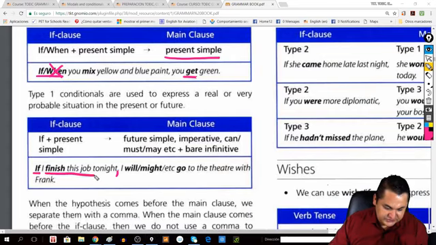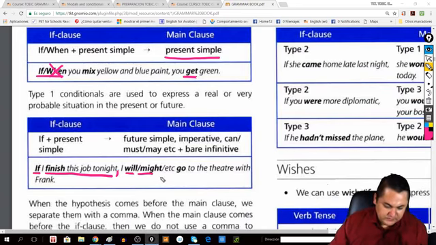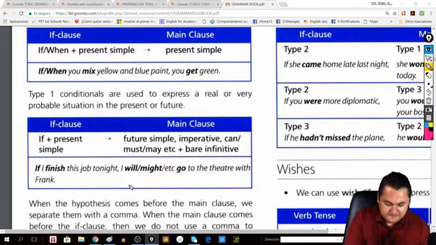If I finish this job tonight, comma, there's always going to be a comma for conditionals if they keep this order. Then we usually need the words will or might, mostly will, to say if I finish this job tonight, I will go to the theater with Frank.